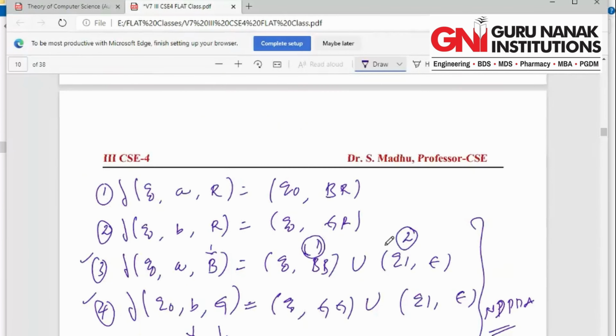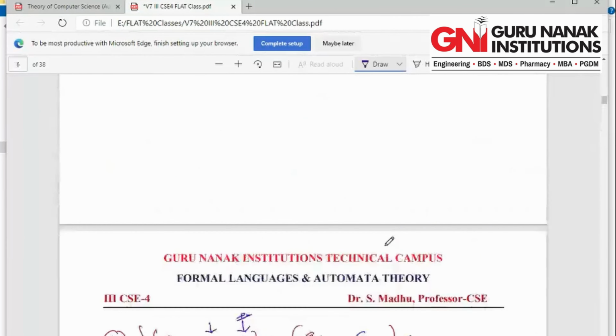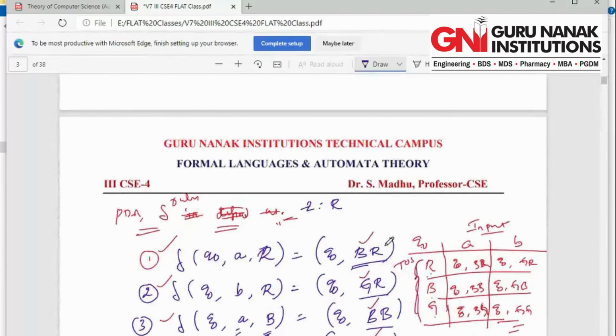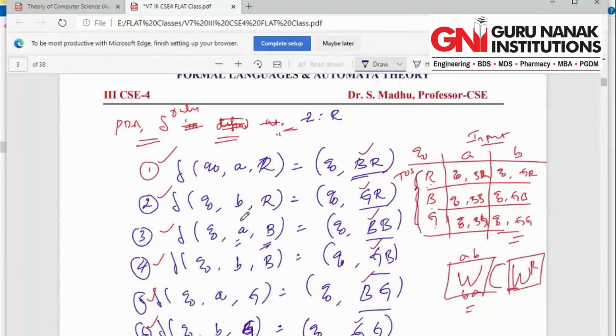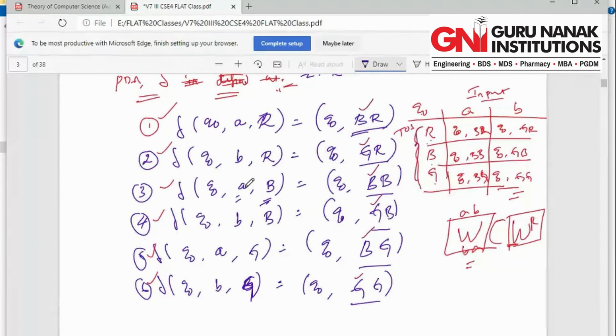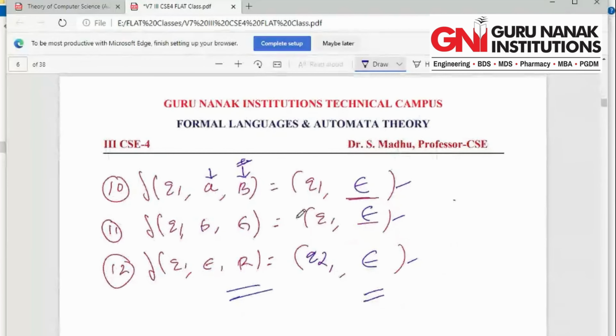Okay. See, I'm showing that here, for the previous problem only, what is applied? Only insertions. Maybe input is A, and the top of the stack is also the same related symbol, so I just inserted. Okay. So if you go for that remove rule, see here, input is A, top of the stack is B. Then what did I do here?